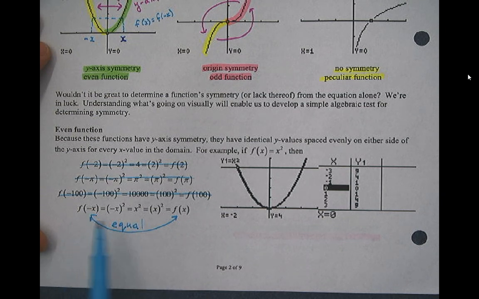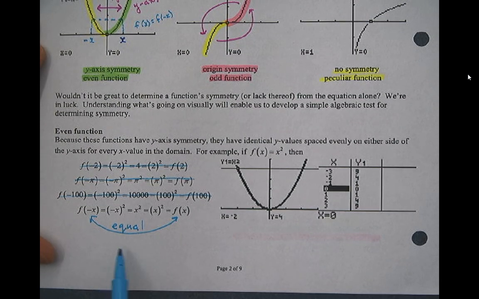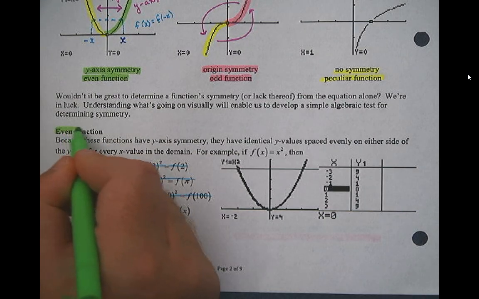If f of negative x is equal to f of x, then you have an even function. Even because f of negative x is equal to f of x. When you plug in a negative, you get back the original equation. That's how we check algebraically for even functions.